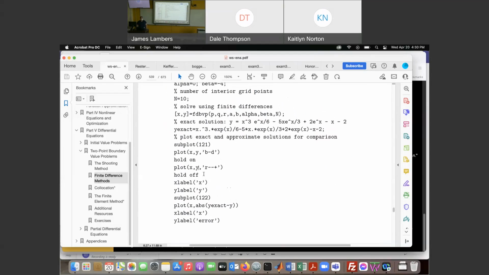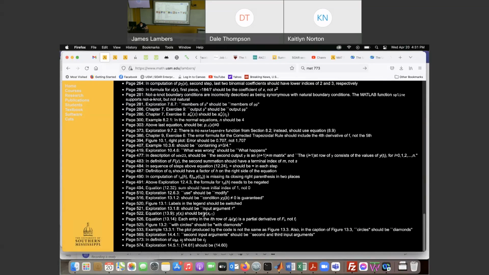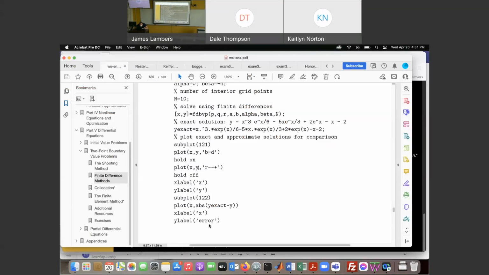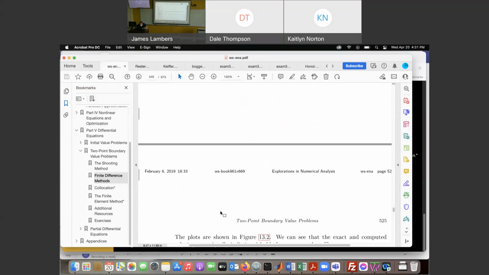But if you have a routine to obtain a computed solution, how you would visualize that. All right, yeah, so I'll have to make a note of that. Dang it. Okay.